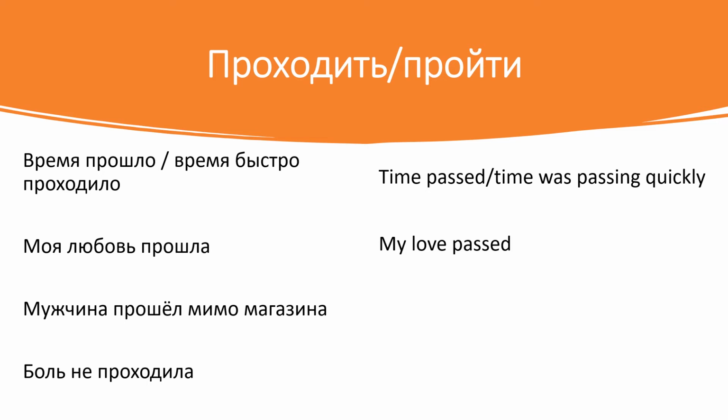So here we have прошёл. That's the past tense masculine form of пройти. Мужчина прошёл мимо магазина. And this word мимо just means past or by. Мимо магазина. So we'll discuss that in the lesson on the genitive case, because магазина here has to go into the genitive, but okay.